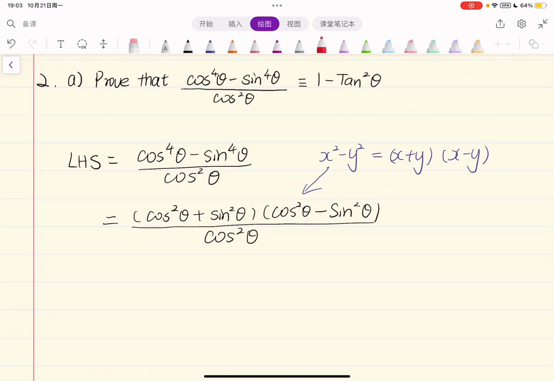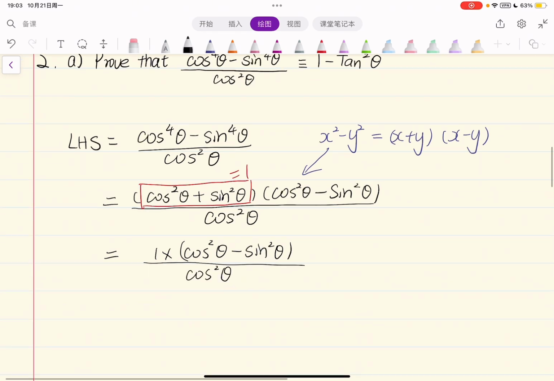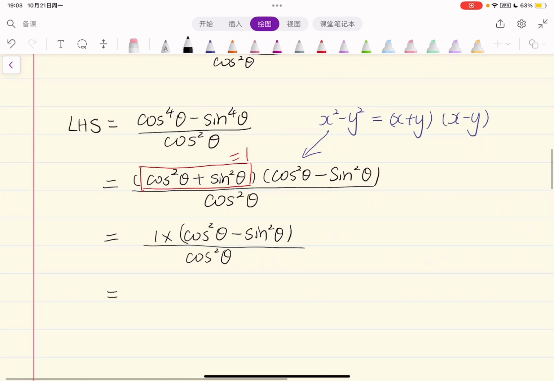In here, we found that cosine squared theta plus sine squared theta equals 1. Now we can write down that it equals 1 times (cosine squared theta minus sine squared theta) over cosine squared theta, which equals cosine squared theta minus sine squared theta over cosine squared theta.